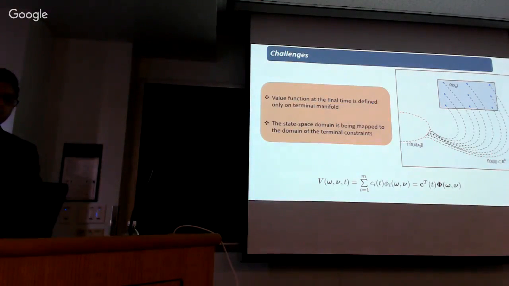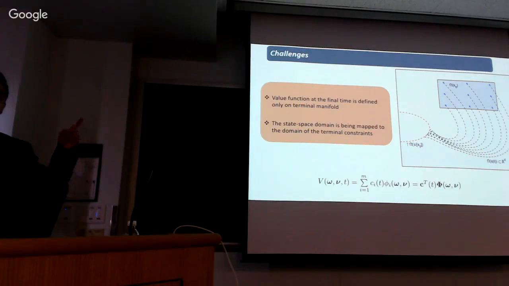My main challenge is that the value function is just defined at the final time, just defined on the terminal constraint manifold. So the state space domain is being mapped to the domain of the terminal constraint. It's a kind of shrinking the domain of the state space to the domain of the terminal constraint. And you know that changing the domain in any numerical solution is a big difficulty.